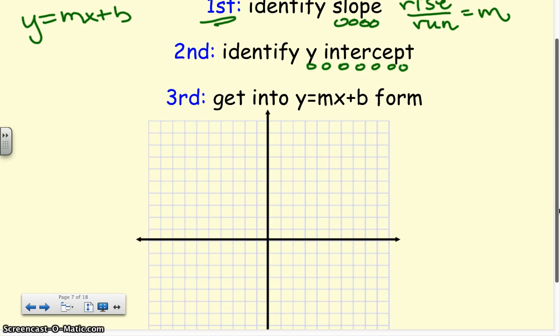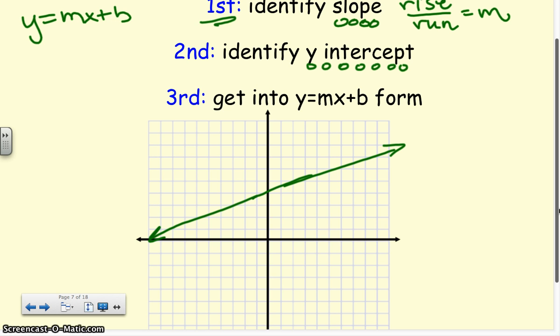So I just want to give an example. I'm just going to draw a line here. I'm going to make it a little bit neater. Okay, if I had a line like this, now pretend that this wasn't really there, and I had no idea what it really went through. So my step one is I want to identify slope.